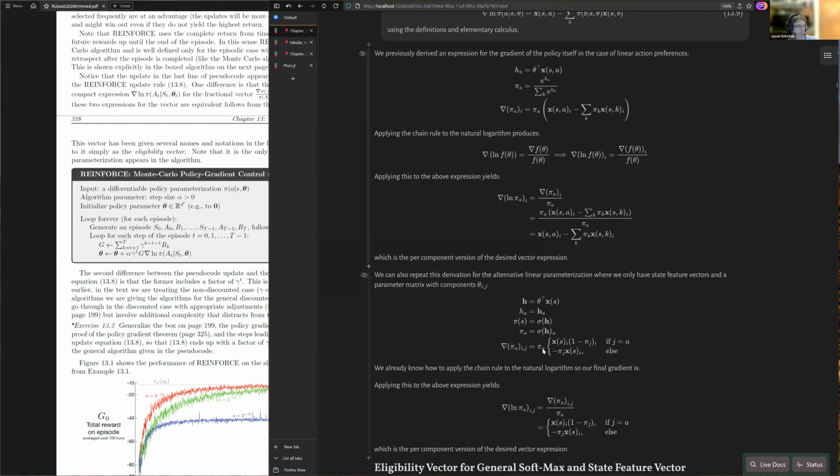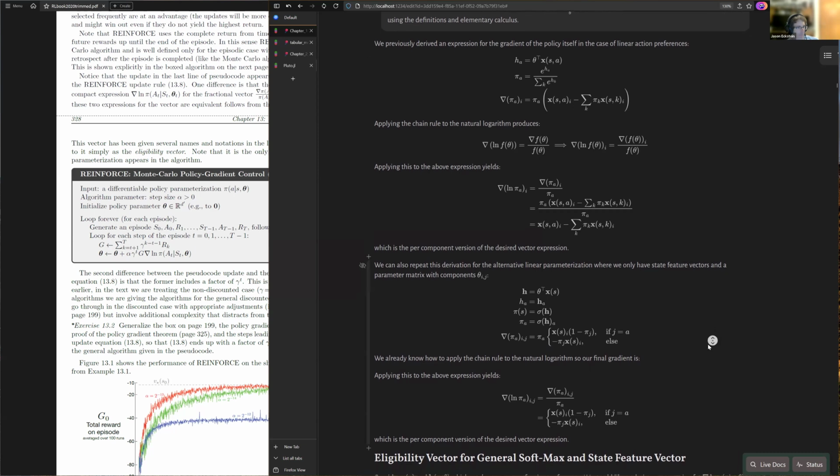But this pi sub a, this is the thing we're going to divide out. So for the eligibility vector, it just simplifies to this expression in here, where we get rid of pi a. But yeah, they do look very similar in the sense that they both only depend on the value of the policy function and on the feature vector itself, evaluated at each component.